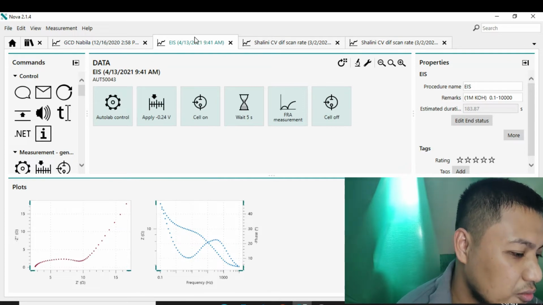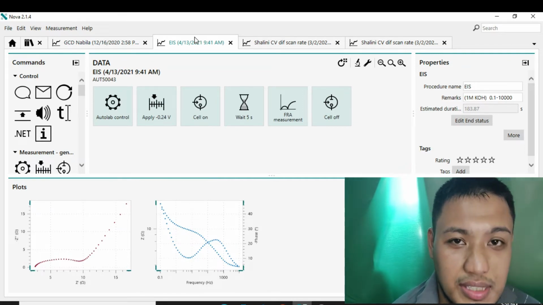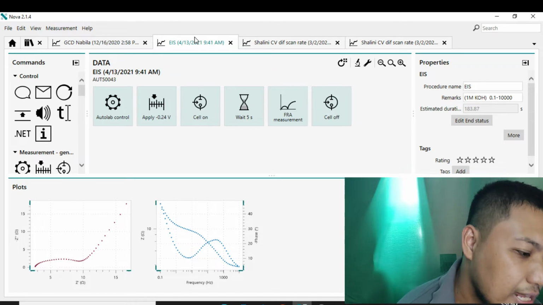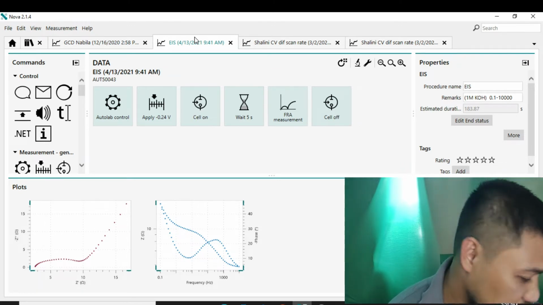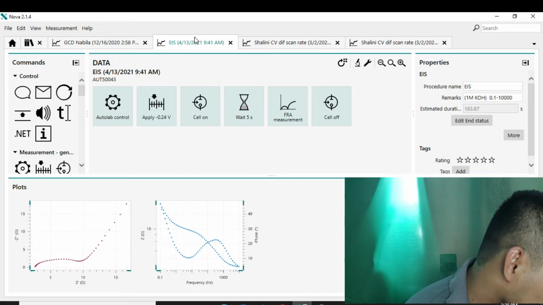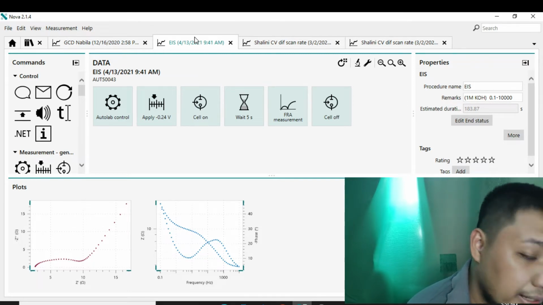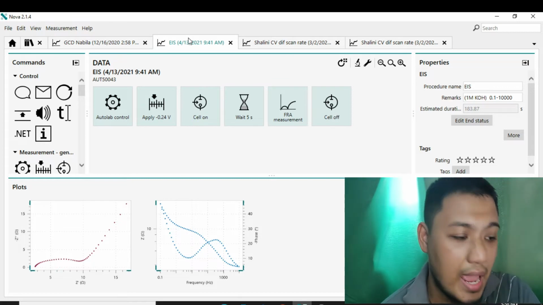Then you run the EIS for the 3 electrode system. For the EIS, for a supercapacitor, you can observe the ESR, you can observe the RCT, and you can also observe the Warburg line.